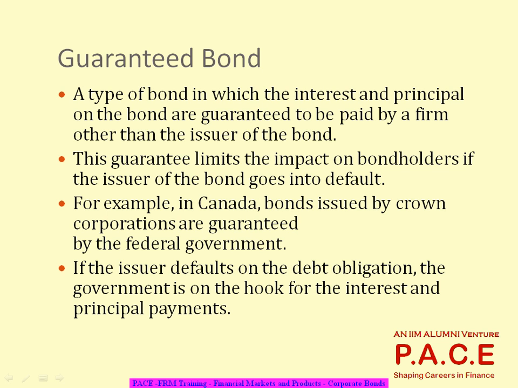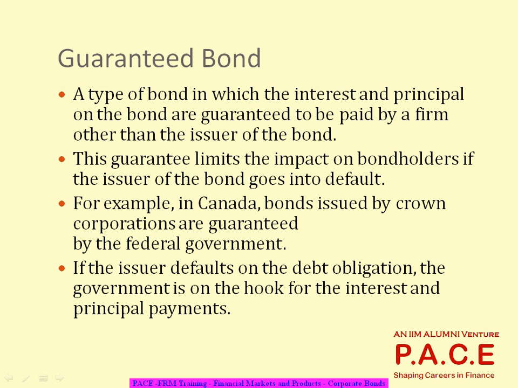So here the biggest thing is this guarantee, if at all I default. Typically, credit default swaps and similar instruments have come up primarily to address this. See, it's like a very risky company has raised a bond. I am issuing a bond and I got capital.